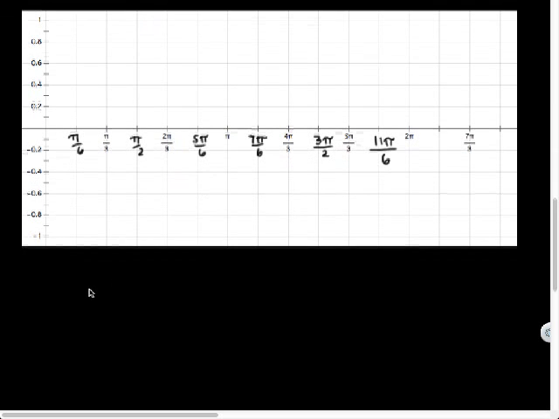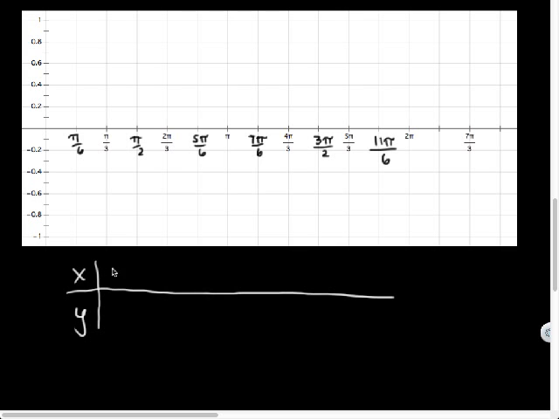I'm going to make a table of values where I plug in some x's, and I'm going to do this horizontally just because of space. I'm going to plug in 0 first, then pi over 6, then pi over 4, then pi over 3, then pi over 2, and then let's go all the way out to pi.